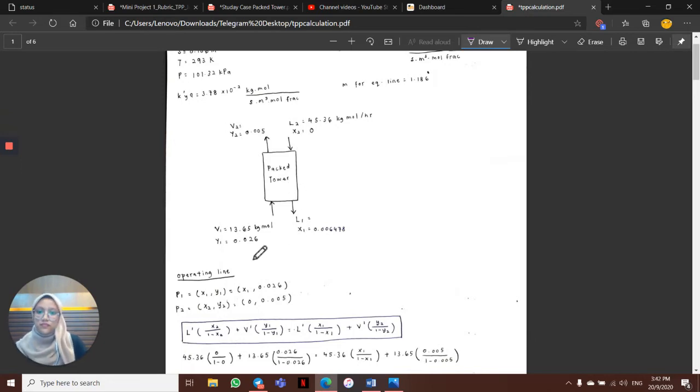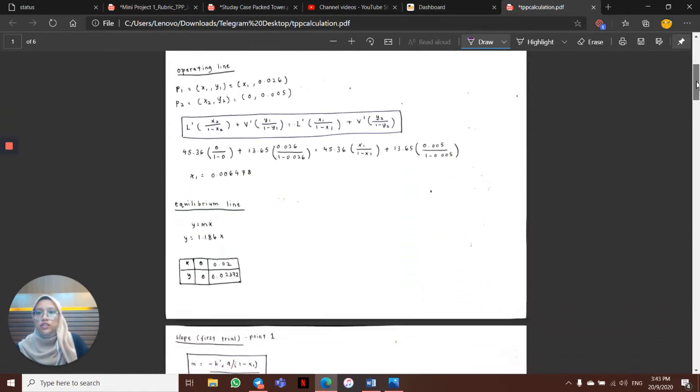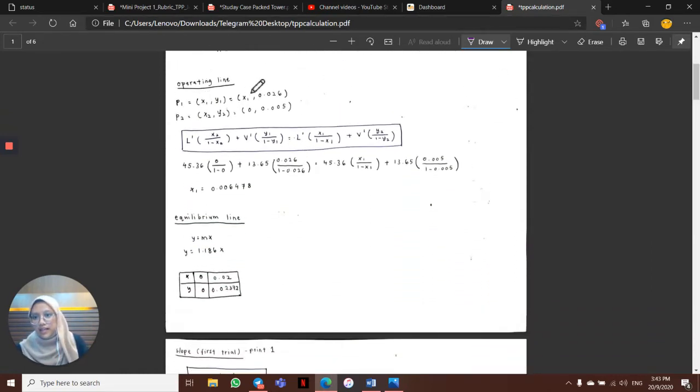In the question we are given the mole fraction for the gas inlet and the gas outlet, which is 0.026 and 0.005, and also the L2 and V1 are given in the question. The first thing that we need to find is the operating line.